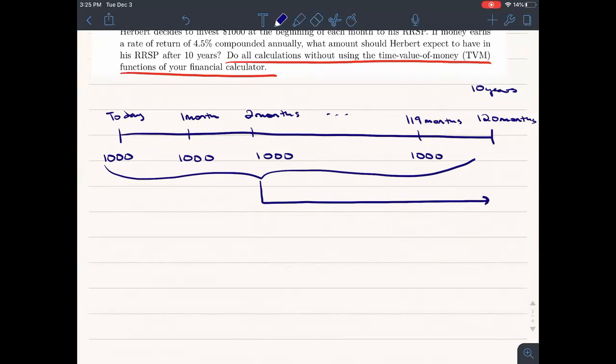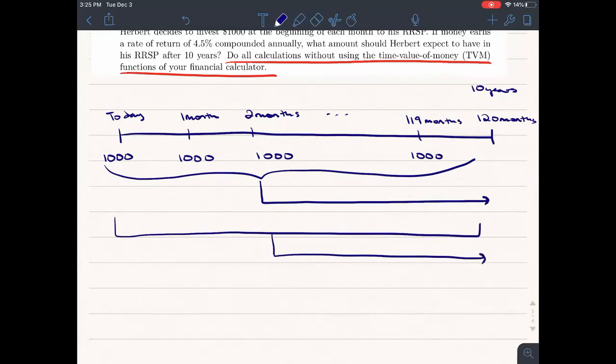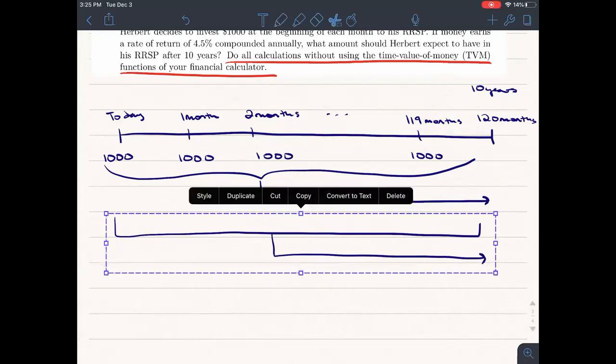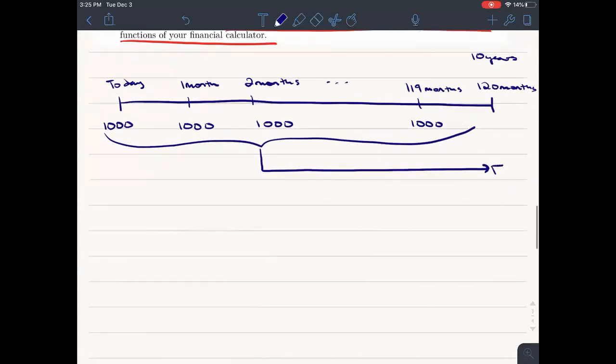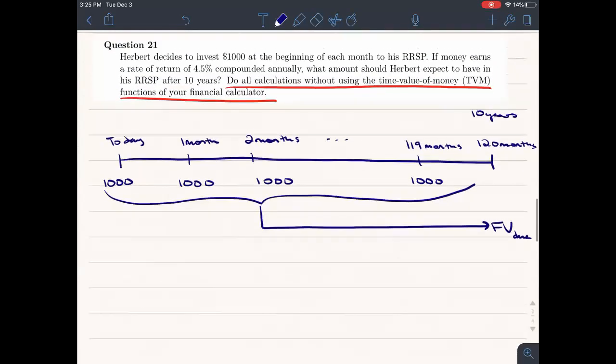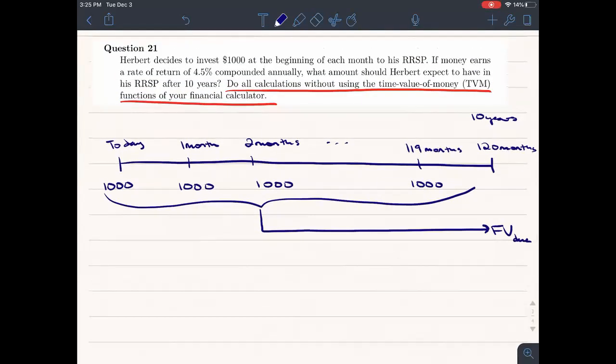You could definitely just do a square funnel if you wanted to, like that. But like I said, I really like drawing curly brackets. So this is going to become a future value due, because these payments were at the beginning.